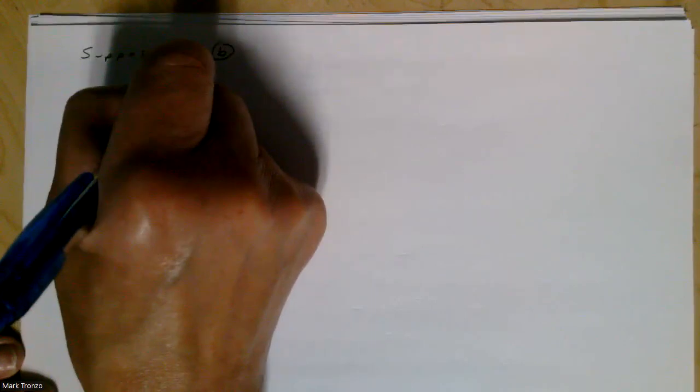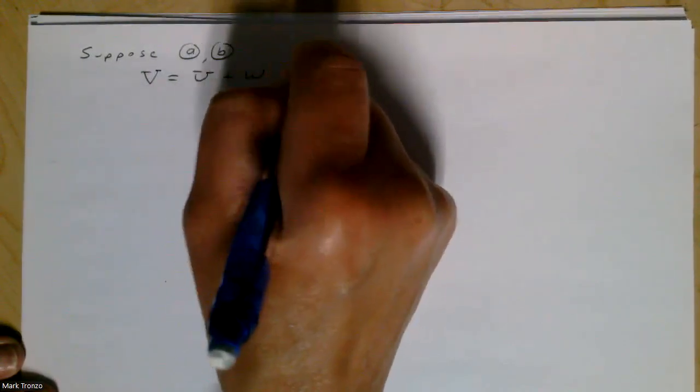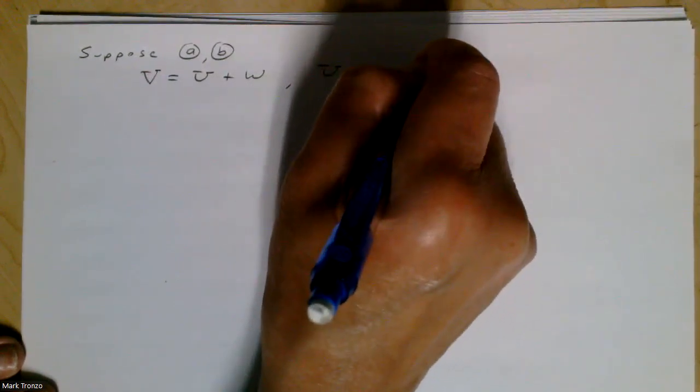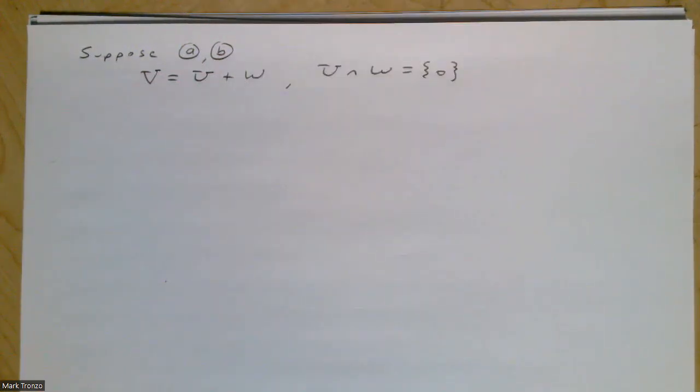We have our A and B. Suppose we have A and B, which says V is equal to U plus W, and the intersection of those two subspaces is 0. Now, remember, what we want to do is show that the vector is going to be unique.